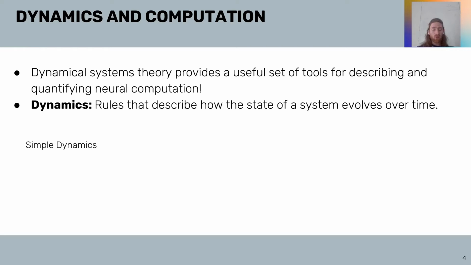To give a simple example, you could imagine a two-dimensional dynamical system being a point that moves along this two-dimensional plane in a circle like this. The state of this system, the location, is determined, and how this location evolves over time is determined by these arrows, which would be what we call the dynamics of the system.